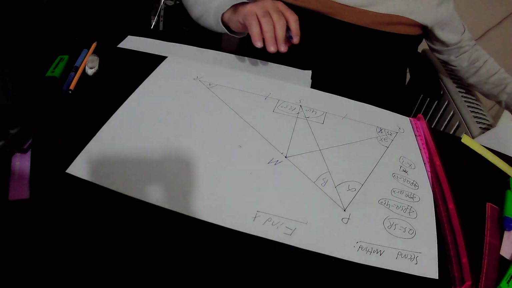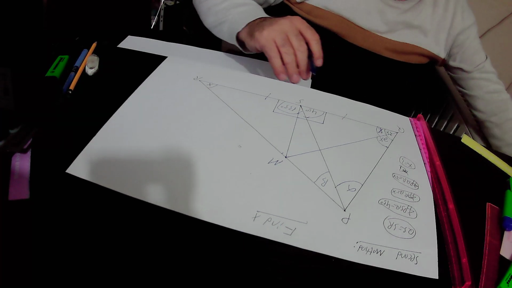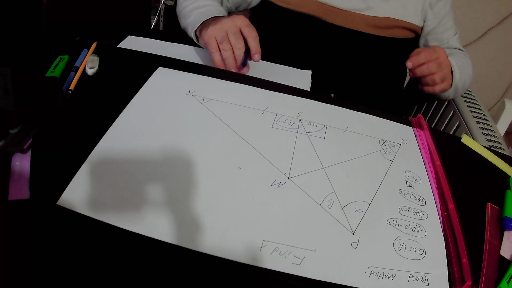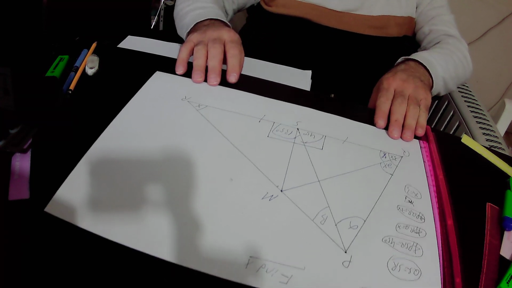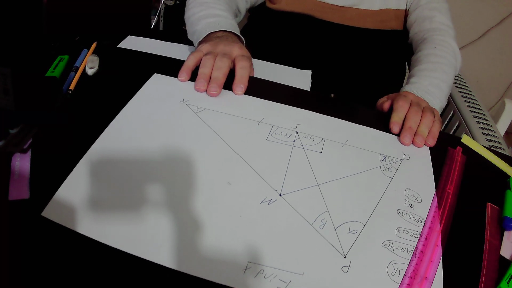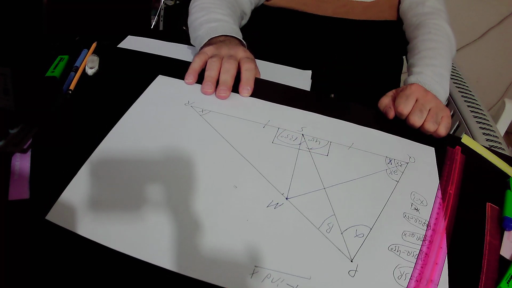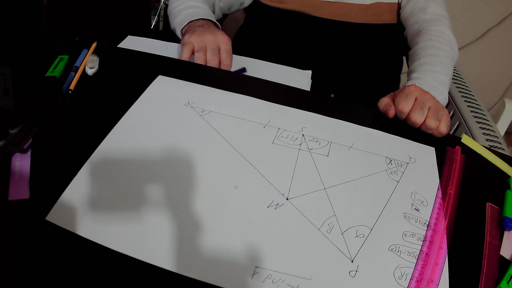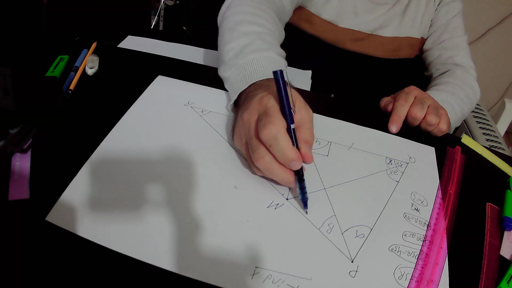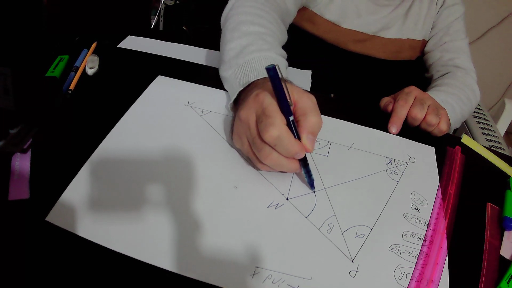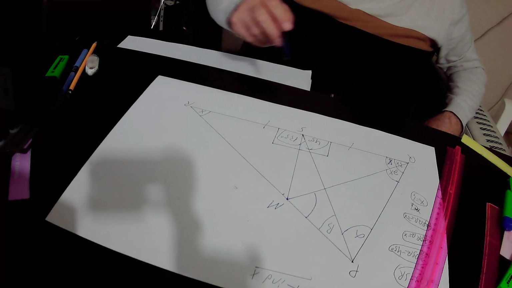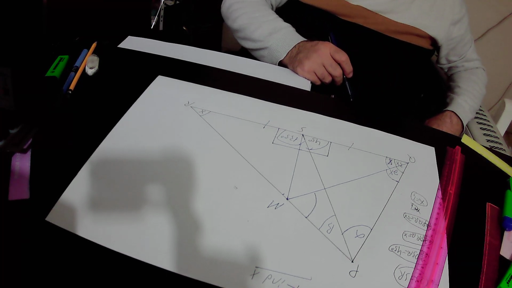We can implement rule number 4 in our drawing, because in our drawing we have the isosceles triangle, triangle QMR, and angle PMQ is an exterior angle of the isosceles triangle QMR.